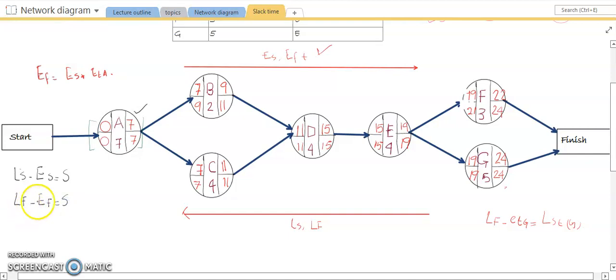Both will lead you to the same value. So let's check it. 0 minus 0 will become 0. So slack is 0, or 7 minus 7 will be 0. For activity B, the slack value will be 9 minus 7, 2, or either 11 minus 9, 2.